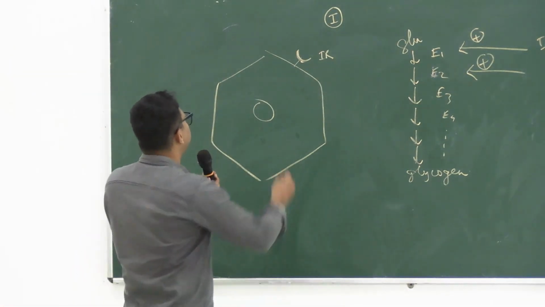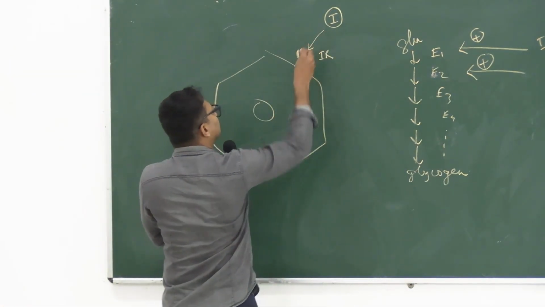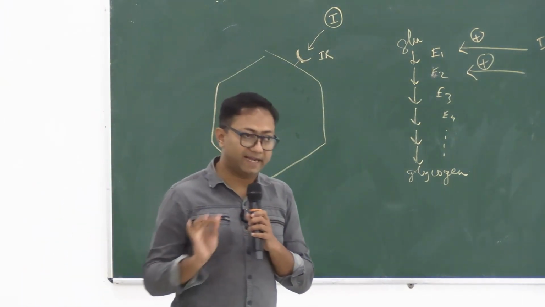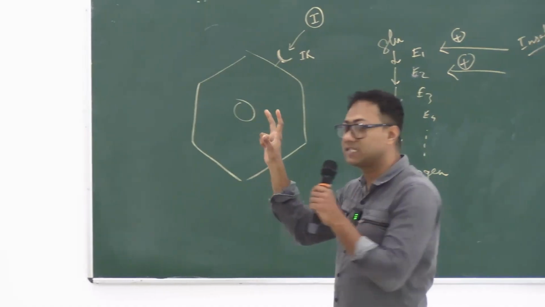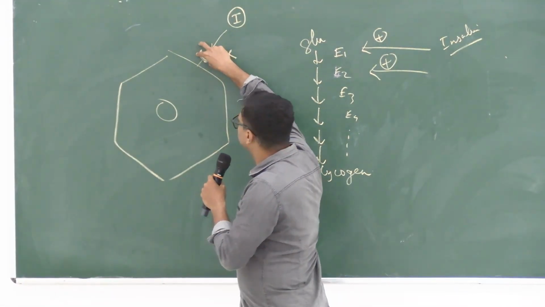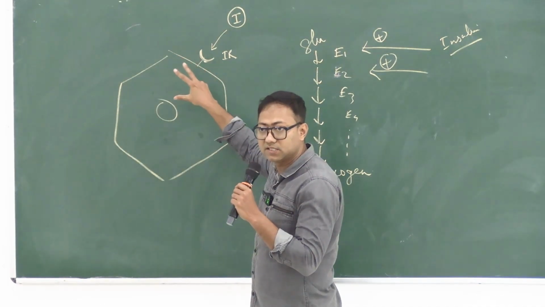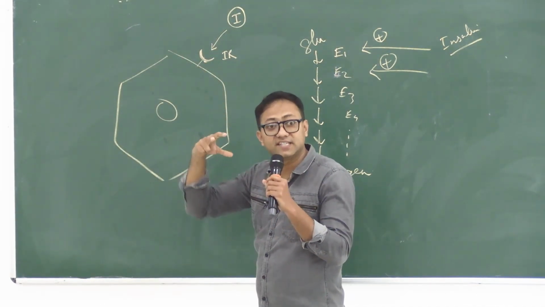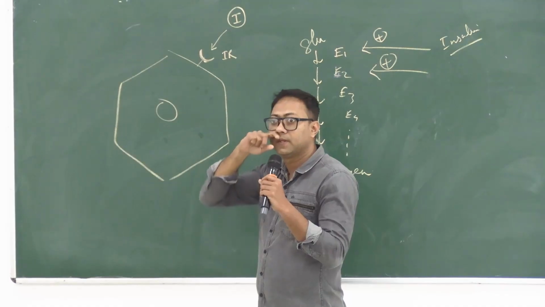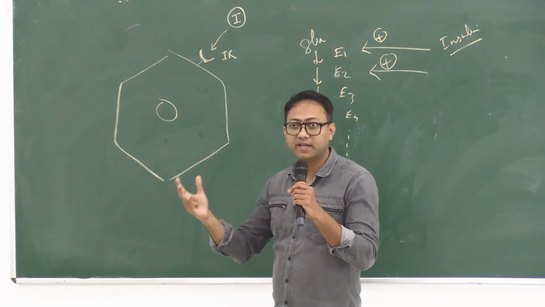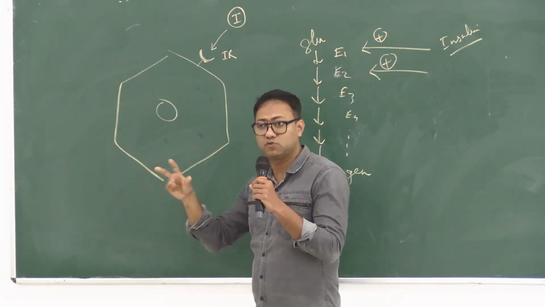Now this insulin will bind here. Now as soon as insulin binds here, there are structural changes over here, there is an enzymatic activity, right? And that specific enzyme is called tyrosine kinase. Okay, tyrosine kinase activity.